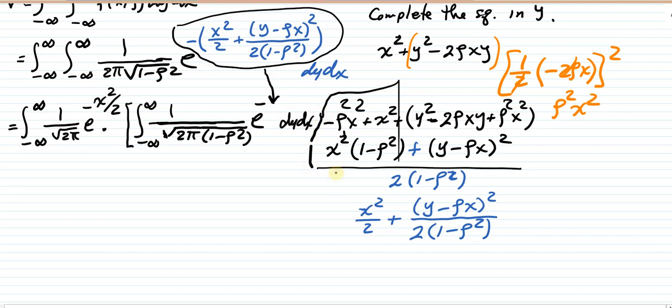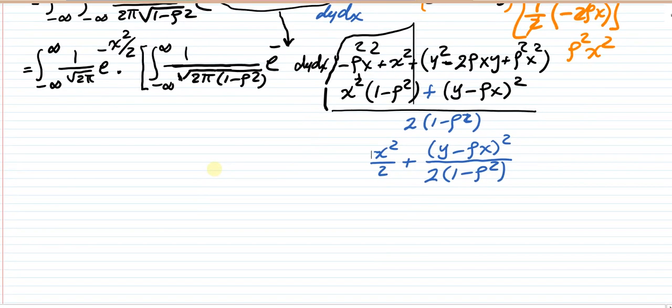Now, next, let's actually write this as integral from negative infinity to infinity of 1 over square root of 2 pi e to the negative x squared over 2.